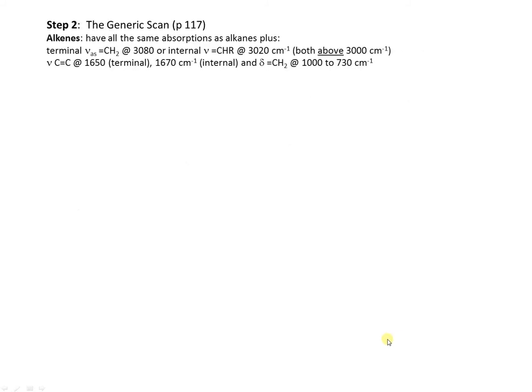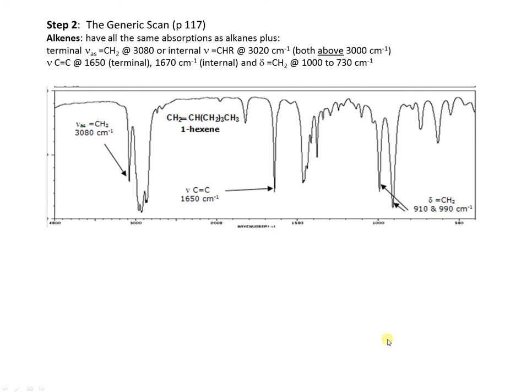Step number 2, we go to the generic scan, and here it is. And I'm simply reading what's in the notes. Alkenes, and this is important, will have all the same absorptions of a typical alkane. In other words, the CH3, CH2 absorptions here, the 1460, 1470 methyl-methylene bands, the 1380. We're not speaking to those. On this scan, we're simply showing what's different, what's unique to the alkene.